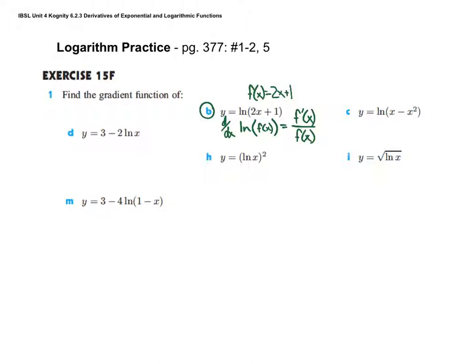So, if f of x is 2x plus 1, what is f prime of x? Wouldn't it be 2? It would be 2. So in this case, my derivative is f prime, 2, over the original f of x, 2x plus 1. When it's like that, then that's easy.